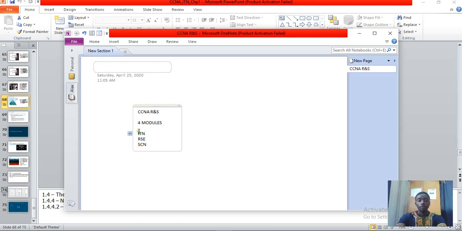You can call them semester 1, 2, 3, or module 1, 2, 3, and the fourth one is Connecting Networks. So these are the 4 modules that we have to complete during the course of the 6 months.